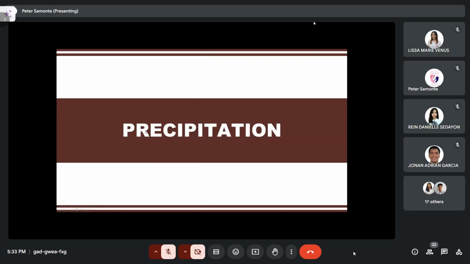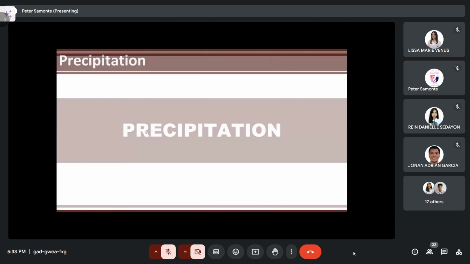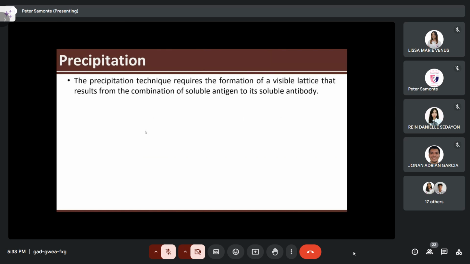Meeting class, I'm going to discuss precipitation. Now, precipitation class would require the formation of a visible lattice that would result from the combination of soluble antigens to its soluble antibody. Di ba, if you would compare precipitation versus agglutination, so agglutination you would be using cellular antigens.